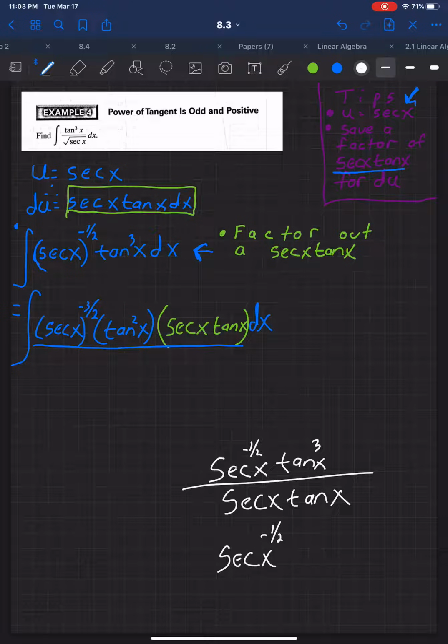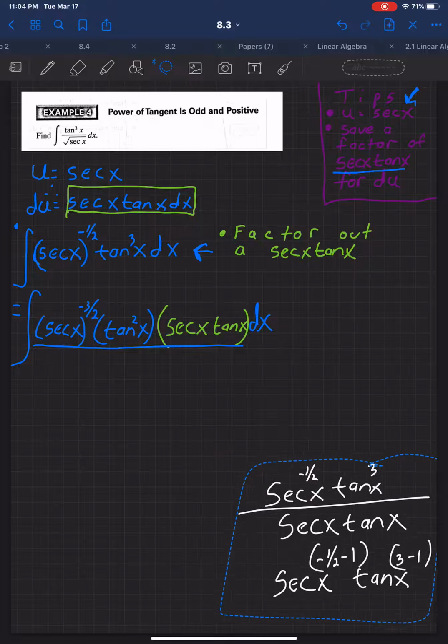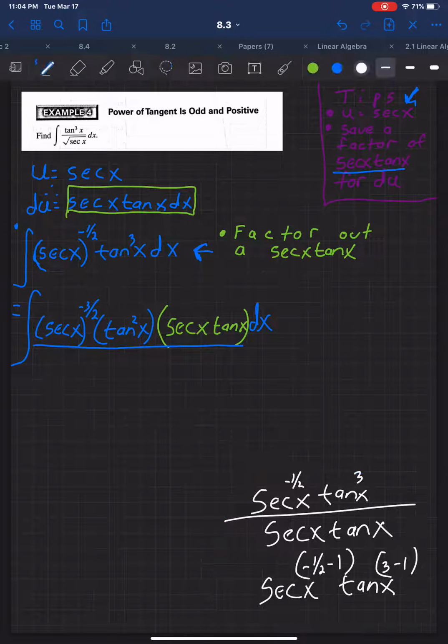Well, look, what do you do when you divide like bases? You subtract. So that's minus 1. And then it's tangent of x, and then it's going to be 3 minus 1. That's how we get to what we have here. Negative 1/2 minus 1 is negative 3/2. 3 minus 1 is 2. I'm going to leave that there for just a second. If you're copying notes, I'll park that right there.